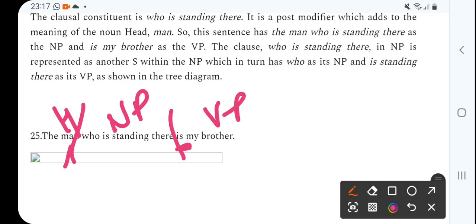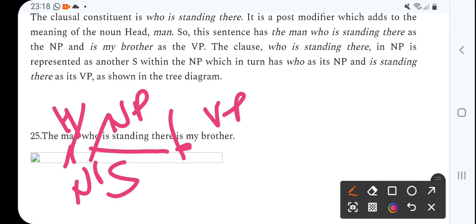The clause "who is standing there" in the NP is represented as a sentence. This is the NP, but that's a sentence also within the NP, which in turn has "who" as its noun phrase, and "is standing there" as the verb phrase. Very interesting and good.